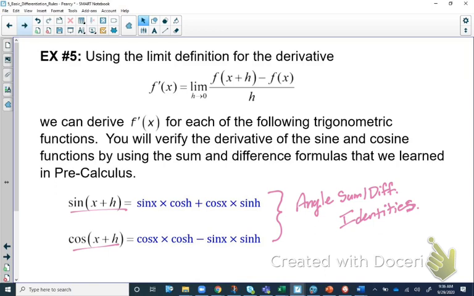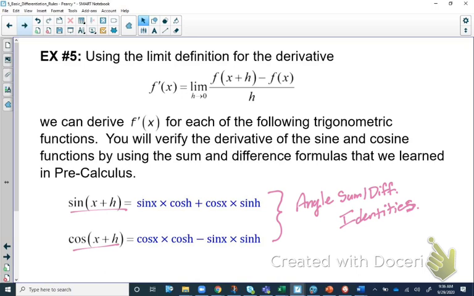Now in pre-cal, x and h would have been angles, like theta, alpha, beta, gamma, some of those Greek letters that represent angles for both sine and cosine. So the angle sum identity for sine will give us sine of the first angle times cosine of the second angle plus cosine of the first angle times sine of the second angle.